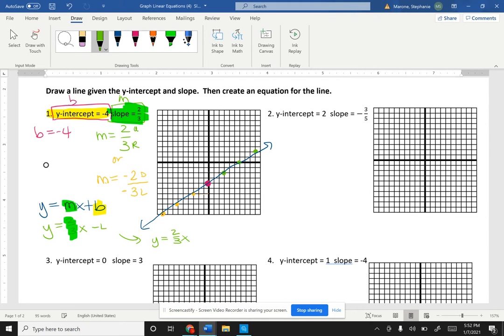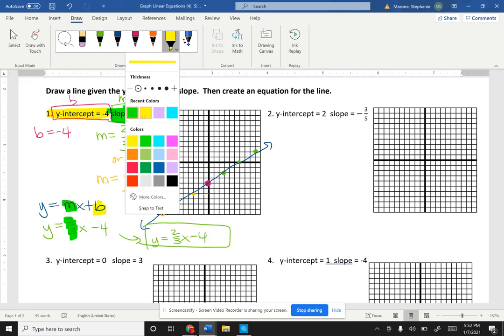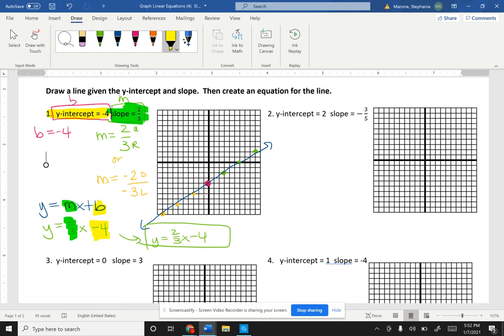Sorry, the y-intercept was -4. Sorry about that. My printer threw me off. Okay. So the y-intercept is b, which is -4. The slope is 2/3. So we put it with x. So y is equal to 2/3 x minus 4.